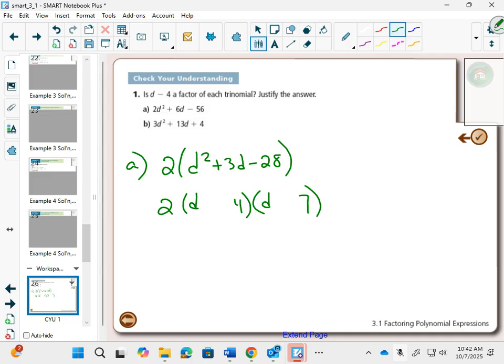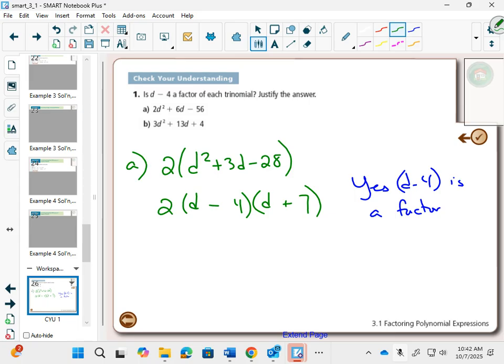We would need the 7 to be positive and the 4 to be negative. And if you factor it, and the answer is there, then it is a factor. Okay? That's one method you could do for this question.